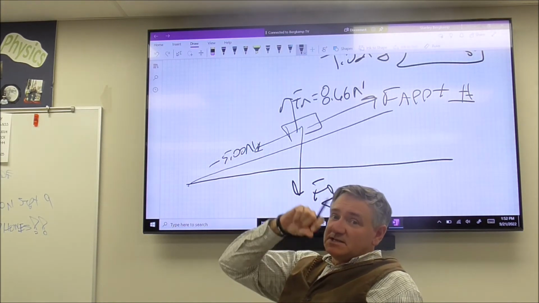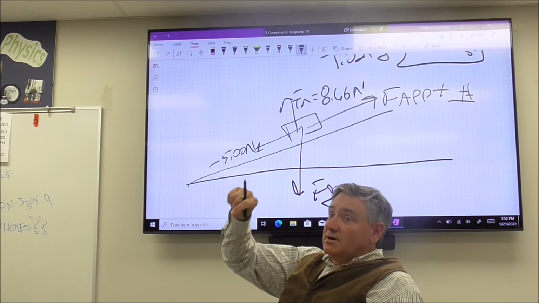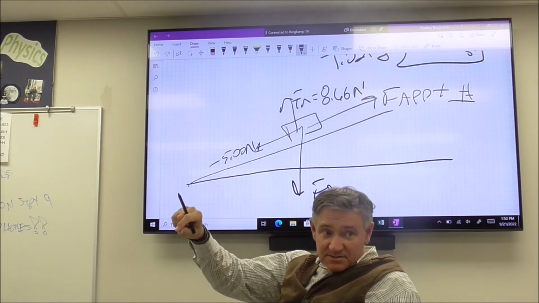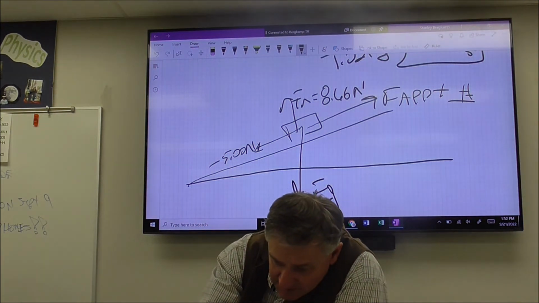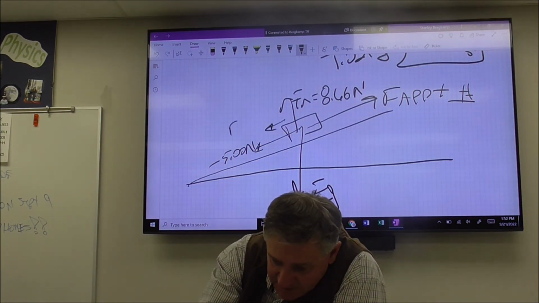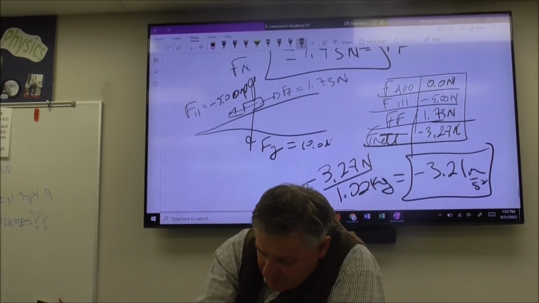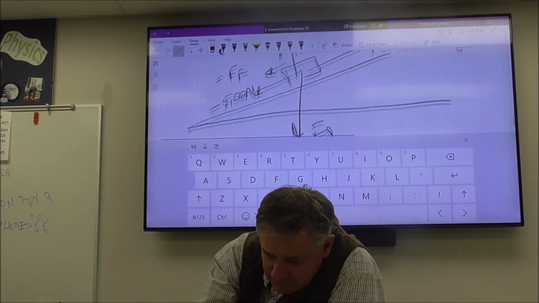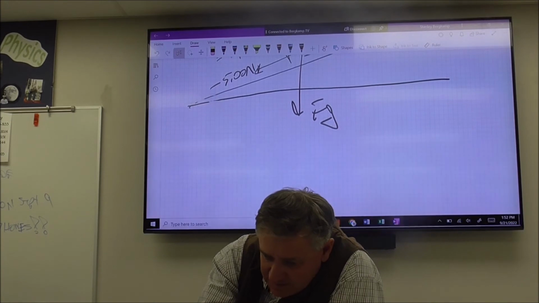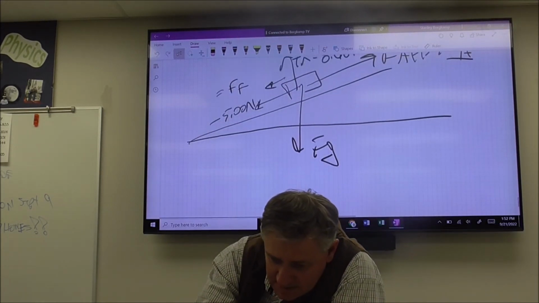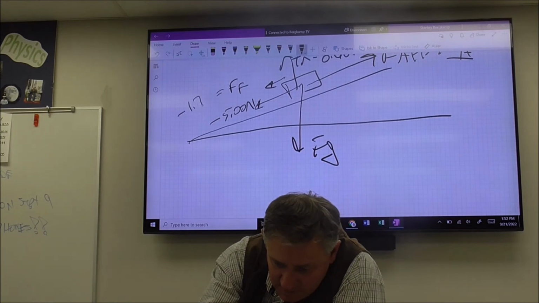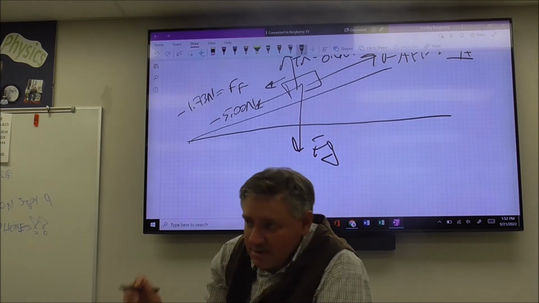This is why I said it's so critical that you draw these vectors in which direction they're going to act. So in this case, my force friction is going to act down the hill. What do we get for that frictional force? 1.73. Yes. So now, in this situation, it's going to be negative 1.73 newtons.